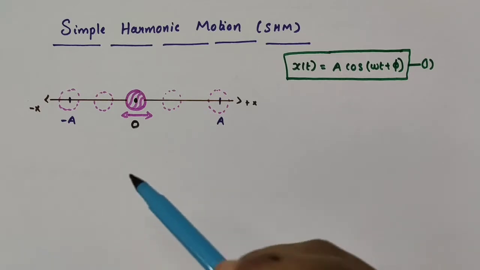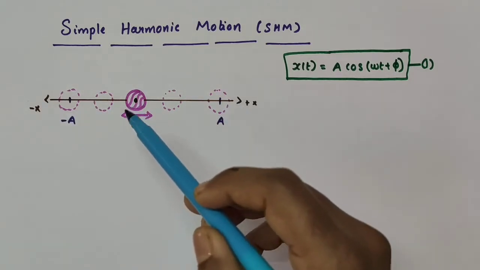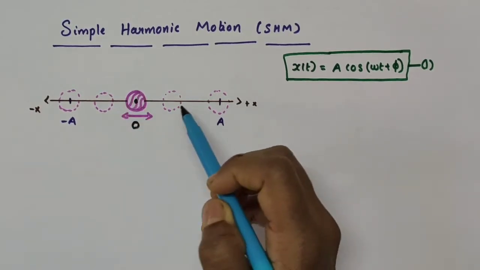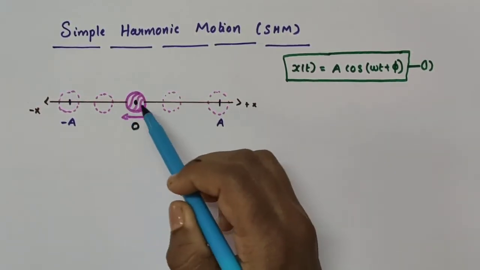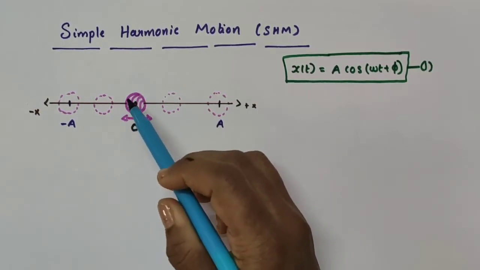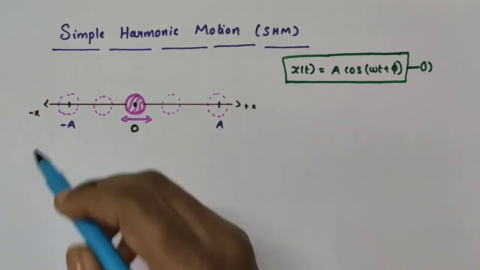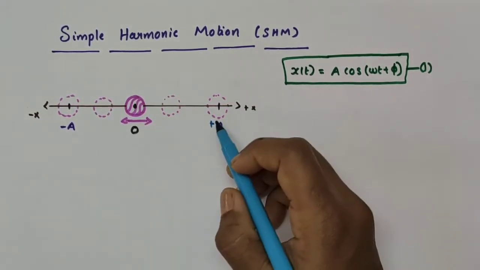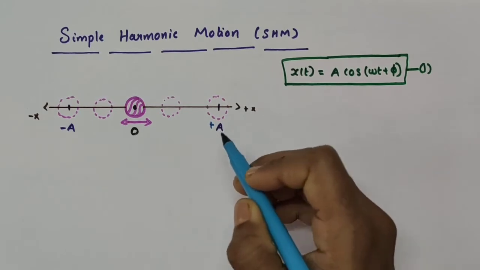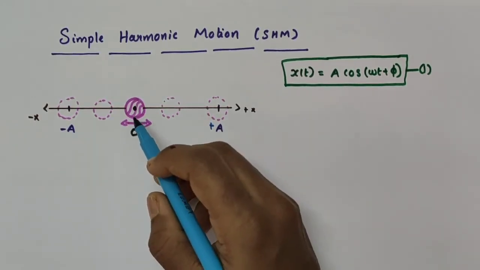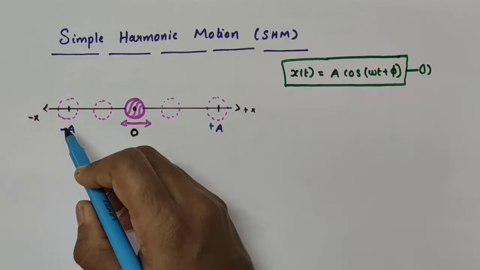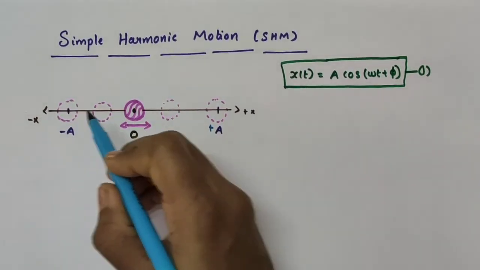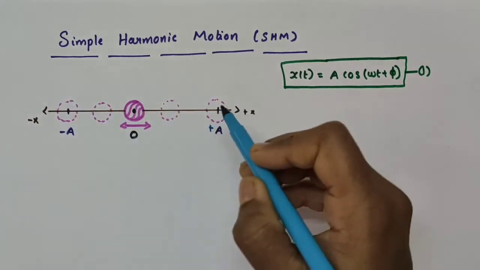For example, now consider an x-axis with origin O. Consider a particle oscillating back and forth about the origin of the x-axis between the limits plus A and minus A. Plus A is the maximum displacement of the particle to the positive x-axis and minus A is the maximum displacement of the particle to the negative x-axis, because the particle is oscillating back and forth between these two limits.